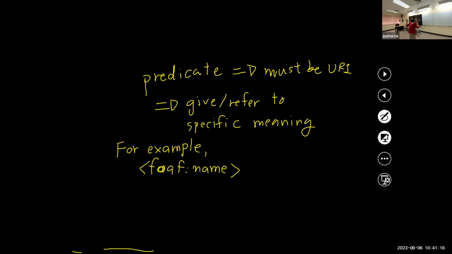But actually the word name, predicate name, can always mean the name of anything, right? You can give a name of everything, a name of a project, a name of your university, a name of anything. But whenever it is the name that is defined by foaf, it's always just a name of a person, for example.